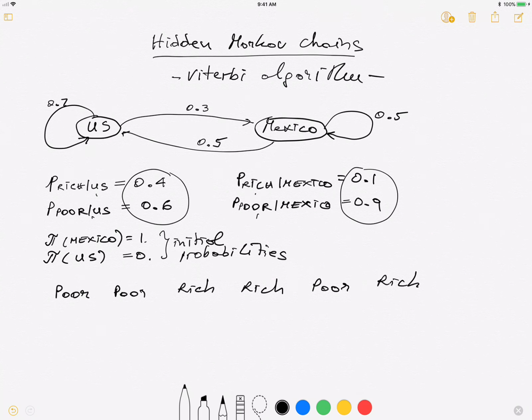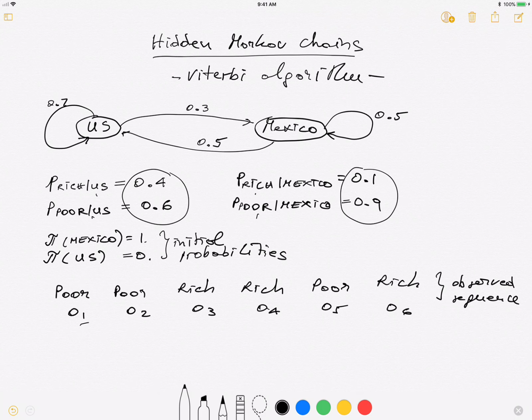We call this the observed sequence, and we can denote it with O1, O2, O3, O4, O5, and O6.